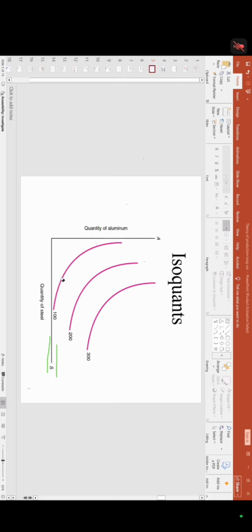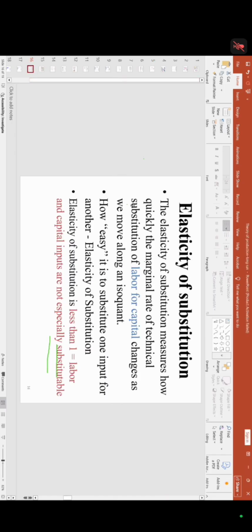Clear? The responsive rate of change in capital when increasing labor. So elasticity of the isoquant or the MRTS means the responsive rate of capital when increasing 1 unit of labor. So that is elasticity. It tells how easy it is to substitute one input for another.